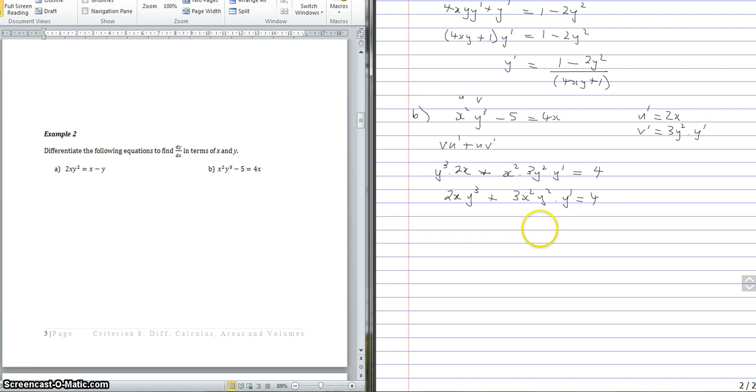We want to make y dash the subject, so we've got 3x squared y squared times y dash equals 4 minus 2x y cubed, and then y dash, or dy dx, is equal to 4 minus 2x y cubed all over 3x squared y squared. Okay, so that one's complete. Differentiated and written in terms of x and y.